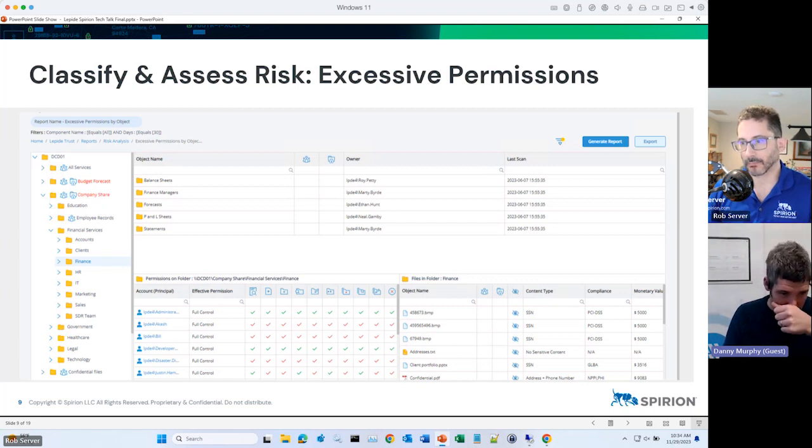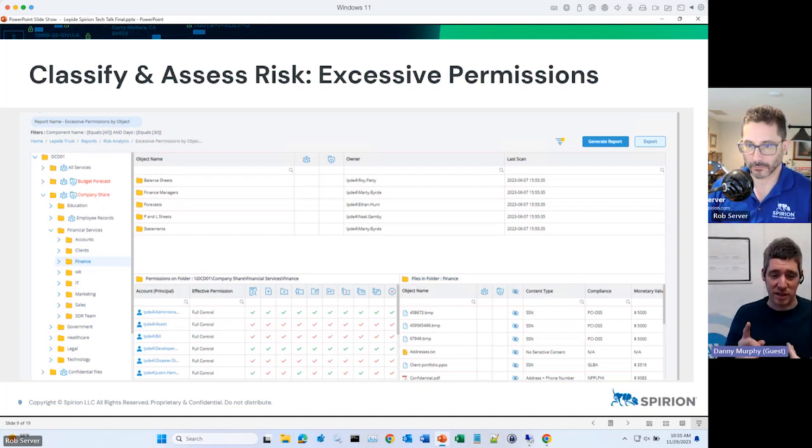So this would be a typical example, but we can see that all of these people here have got full access to the data, but they quite clearly don't all need that full access. Even the last guy on the list there, Justin, you can see he's got a combination of both green ticks and red ticks. So even though he's got full access, he doesn't really need it.